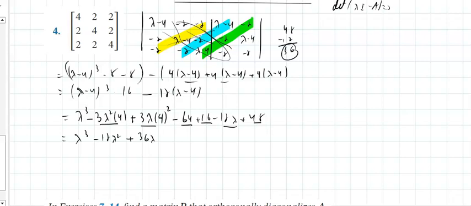So that's negative 16. And that makes it negative 80 plus 48, negative 32. And I want to know where that equals 0.